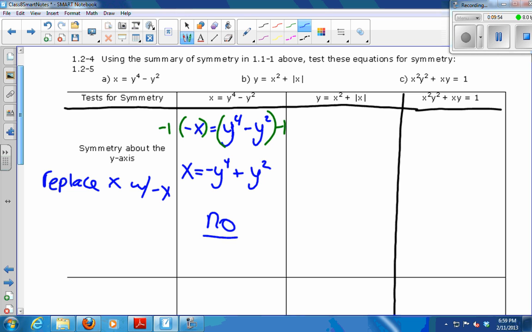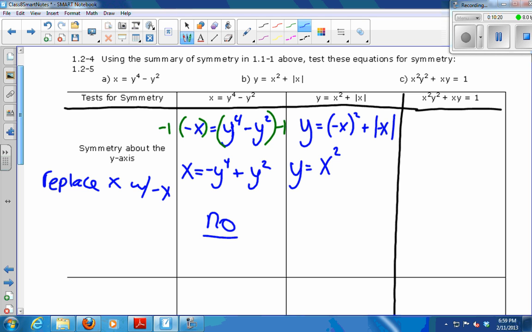However, in the middle one, if I replace the x's with negative x's, I get negative x squared plus the absolute value of x. And negative x squared means negative x times negative x, which is positive x squared.